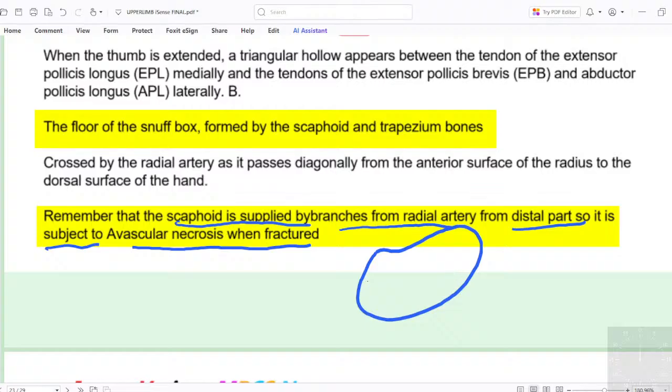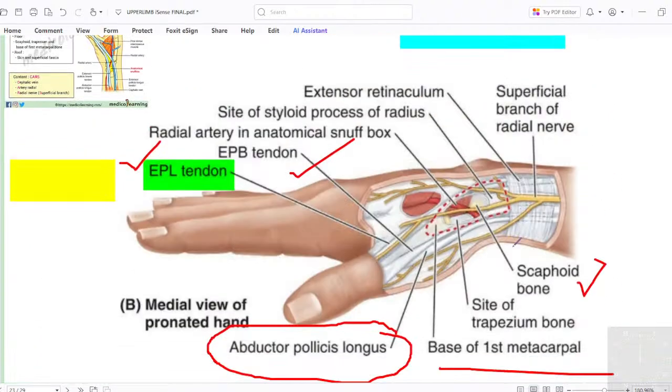This is scaphoid. Normally, we get supply from proximal to distal, so blood supply should enter from this part. But scaphoid is different. It gets supply retrograde, from the lower part.